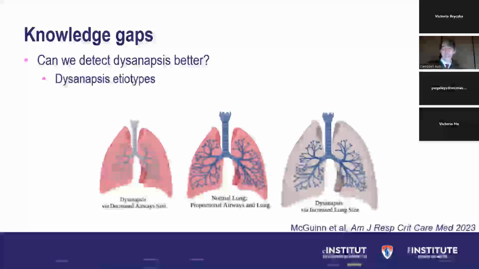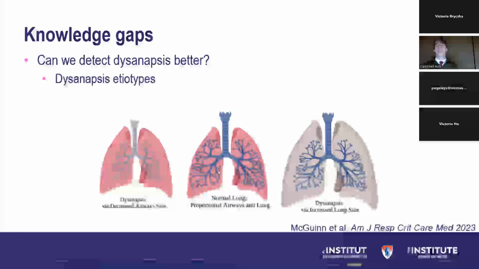I don't know if this will get back to your question, but there was a recent review where they highlighted that dysanapsis is a mismatch between airways and lungs. And in fact, conceptually, at least, basically it's a ratio, and you could have a numerator problem or a denominator problem, or both. And so they kind of schematically said, here's a depiction of someone with dysanapsis who has small airways.